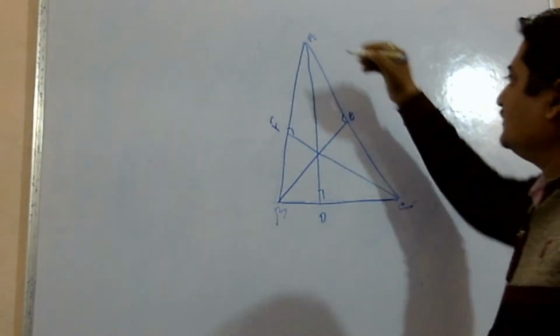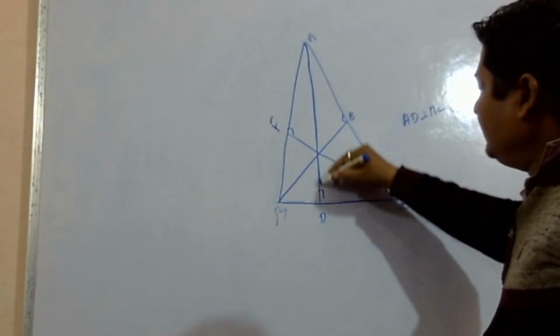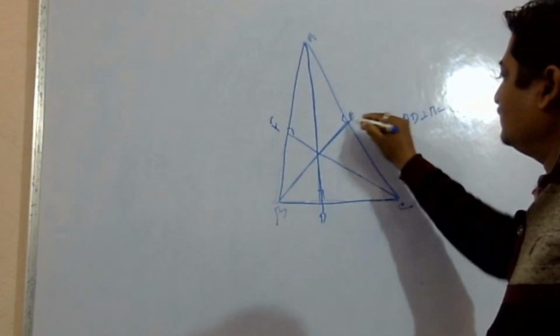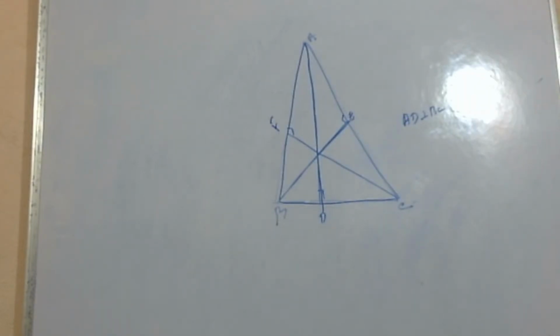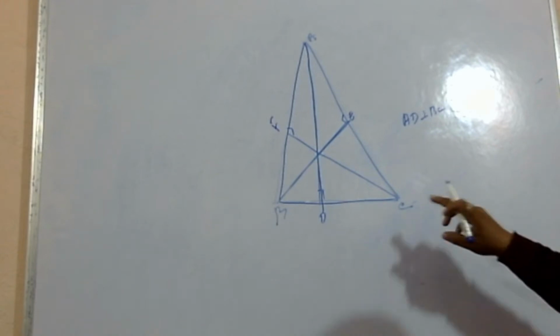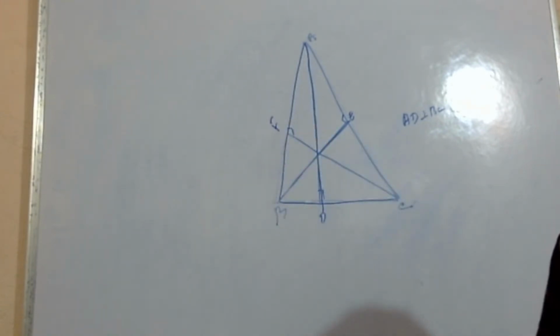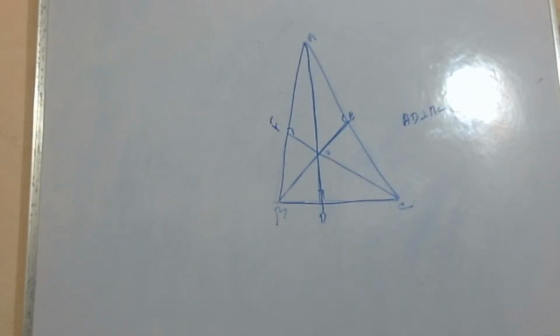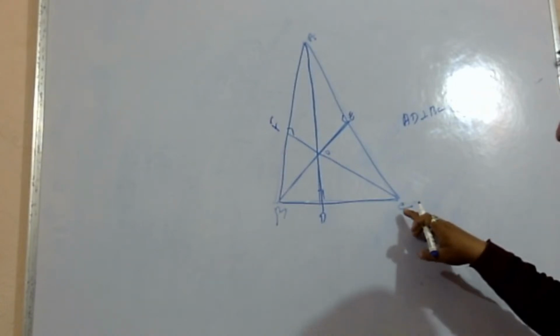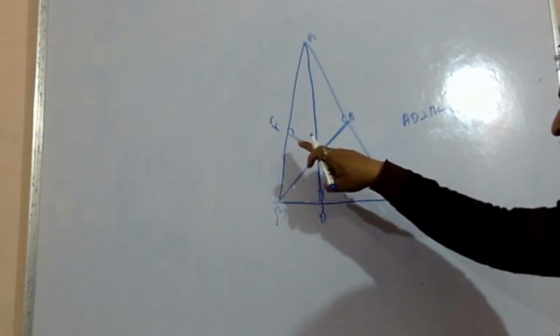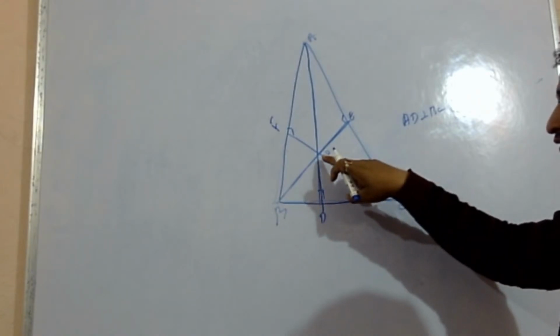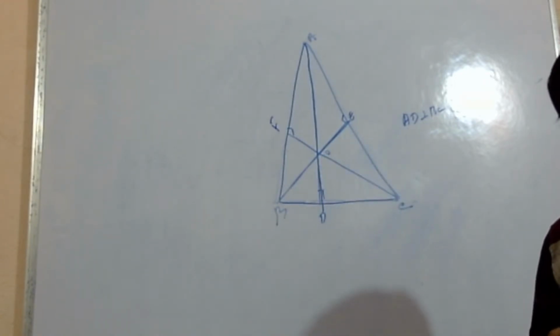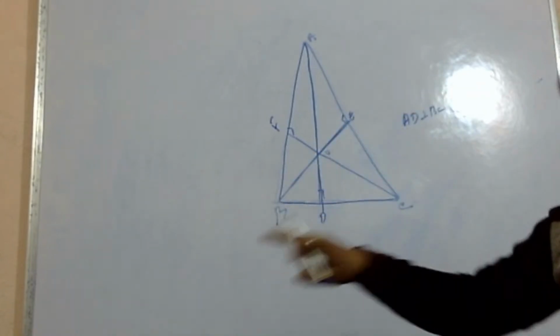Now I am taking AD and BE, which intersect in a single point. Okay. If the line CF passes through the point, I am calling the point O, passing through the point O and perpendicular to AB, we have to prove that CF passes through the point O and is perpendicular to AB.